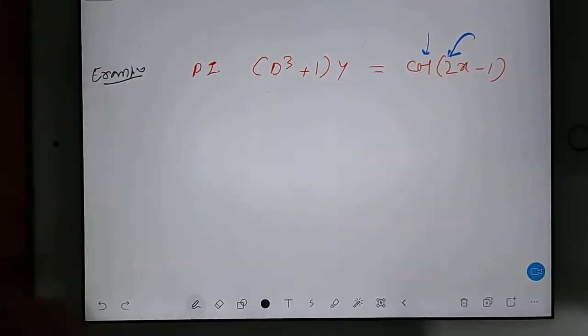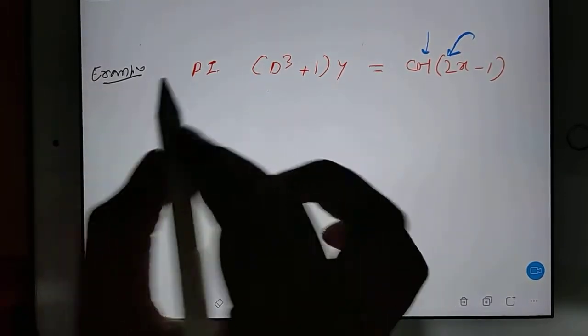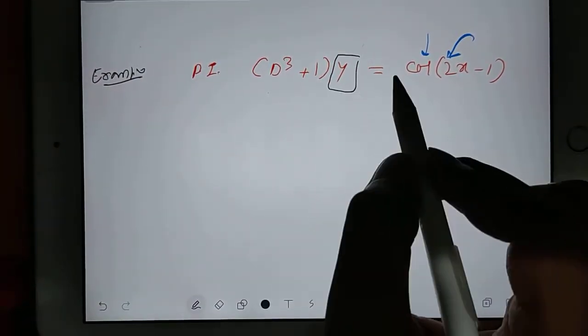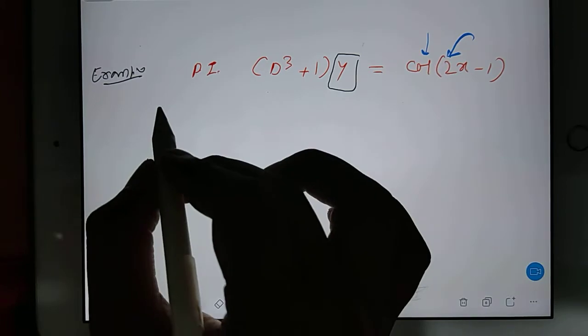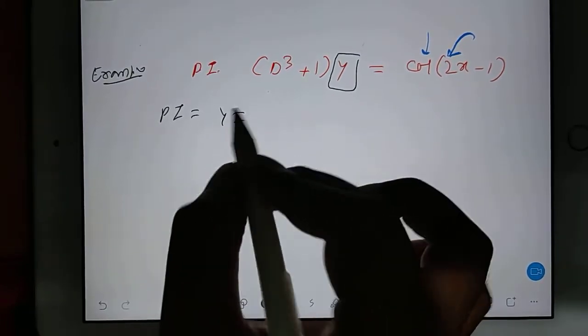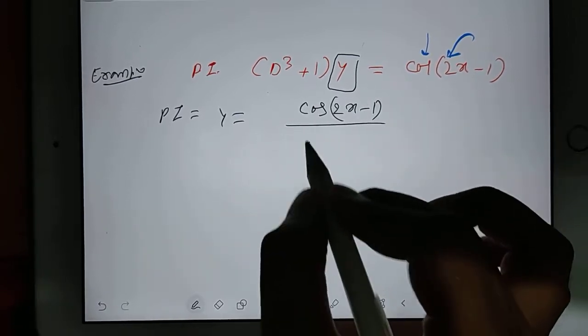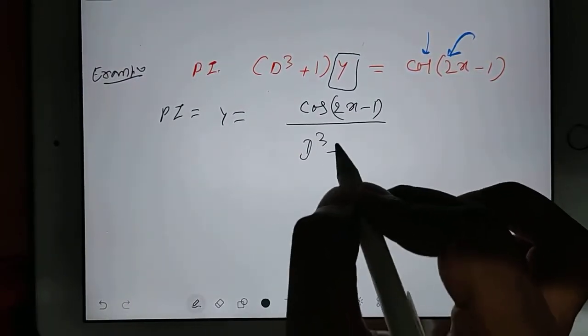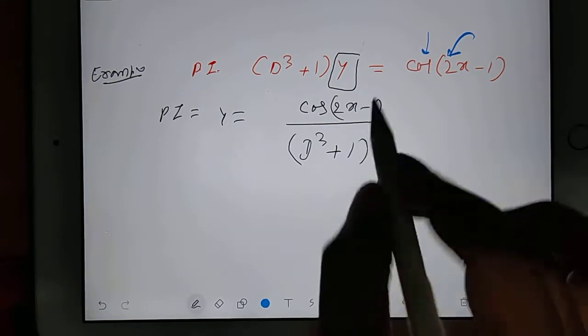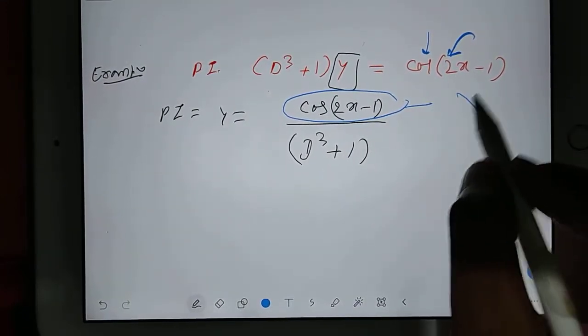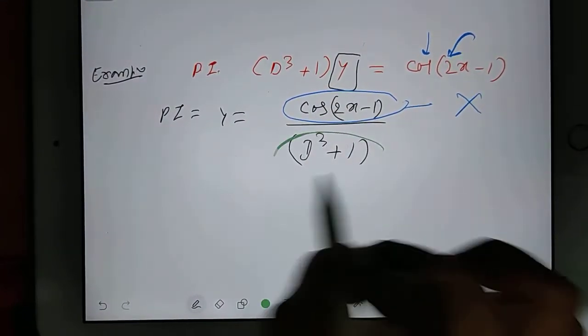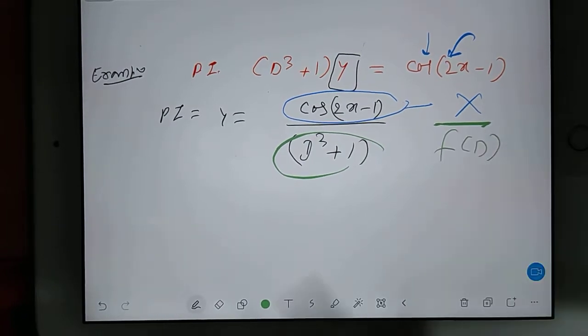Okay, so what is your particular integral concept? First of all, the y value you will get from the question, that is your PI. So your PI is nothing but the y value, that is cos 2x minus 1 whole divided by d cube plus 1. Now you can see this looks like a function of x and this looks like a function of d, right?